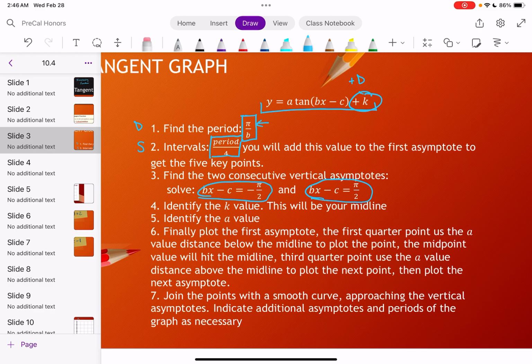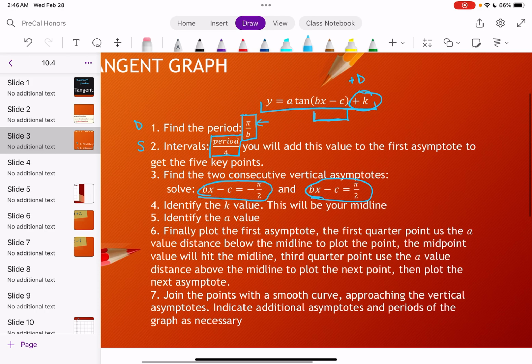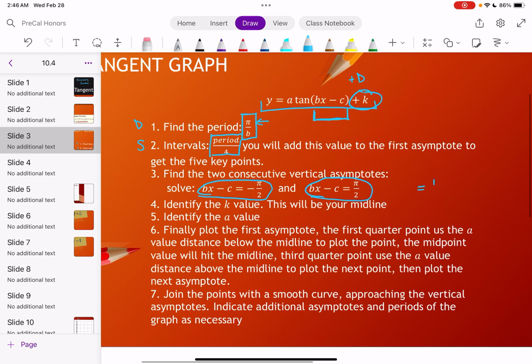Now, that equation is mainly coming out of the bx minus c portion of your equation, and that is going to equal the positive and negative pi over 2. The reason why you're looking for the negative and the positive is because, remember, they are on opposite sides of your 0, which means that you will be able to find consecutive vertical asymptotes.